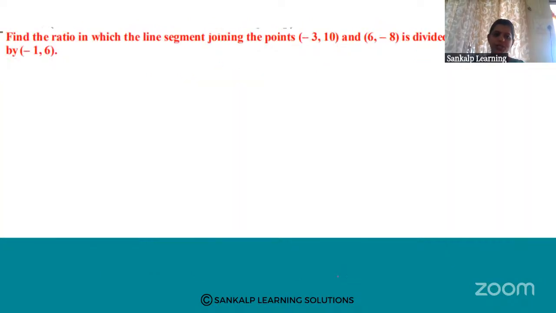Yes. Next question is, find the ratio in which the line segment joining the points minus 3, 10 and 6, minus 8 is divided by minus 1, 6. That means P x y value they have given. These 2 points are divided by these coordinates. Okay. So minus 1, 6.